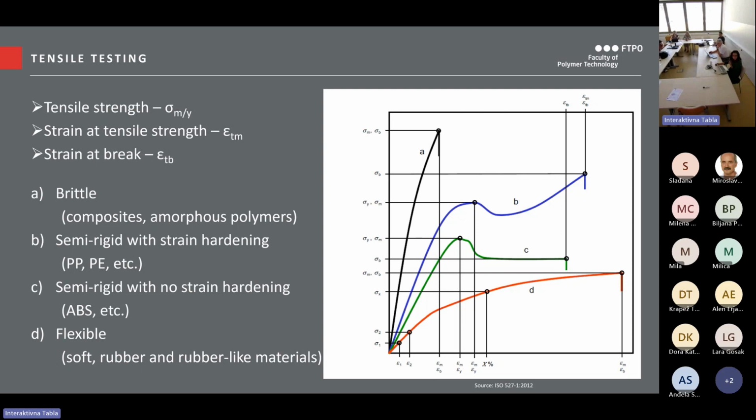The strain is usually 100% or 300% in rubbers. The quantities of interest are also strain at tensile strength, so the strain at first maxima, and strain at break.